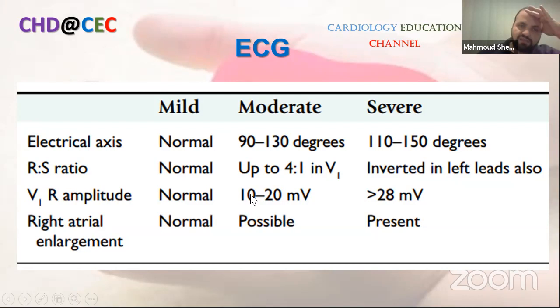V1 R amplitude is around 10 to 20 millivolt, and right atrial enlargement is possible. In severe valvular pulmonary stenosis, the axis is extreme right axis deviation. We have inverted RS ratio in left leads, and the V1 R amplitude is more than 28 millivolt, and right atrial enlargement is almost always present.